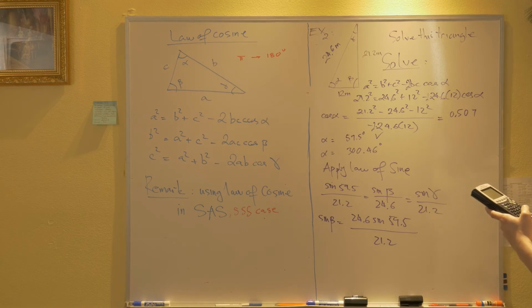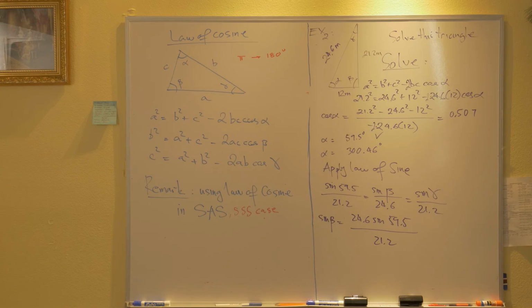Now we got, then you take inverse of this, inverse of cosine, 59.5. Yeah, so alpha is 59.5. That's alpha. So we're good.